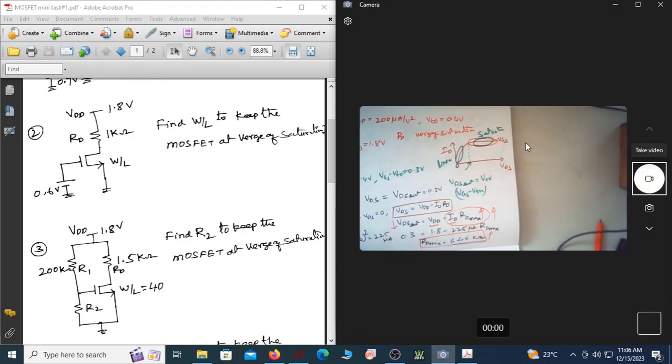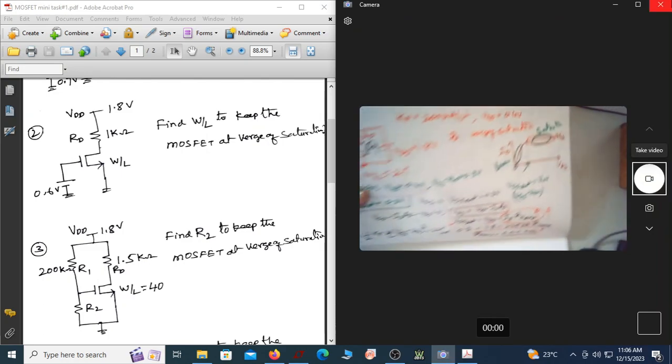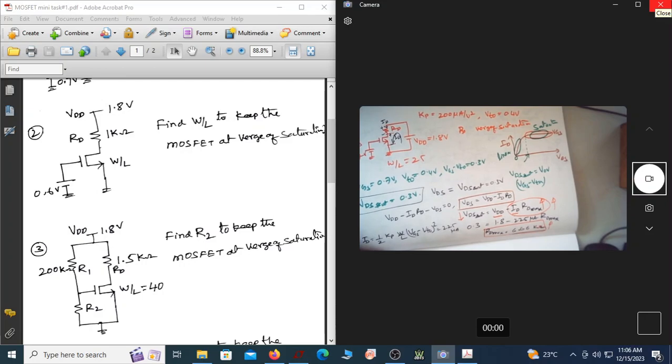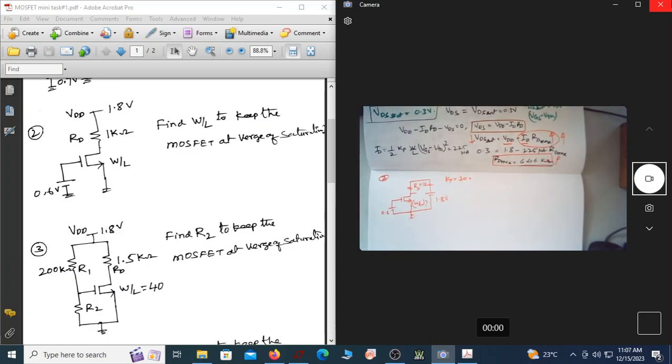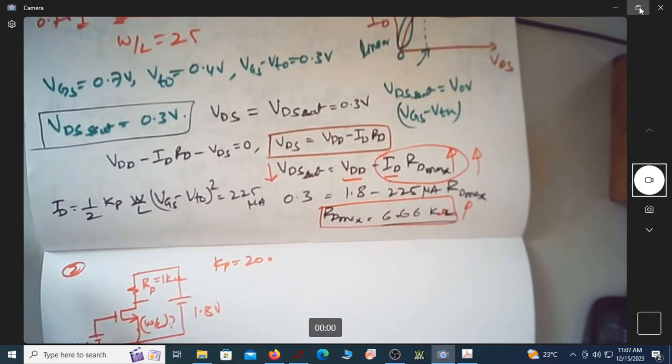The second problem is again similar, but this is given as 0.6 volts. This is still 1.8 volt. The RD is kept at 1 kilo ohm, and this W by L we are supposed to find so that the MOSFET is at verge of saturation. We are still assuming Kp to be 200. So this is the circuit that I have.